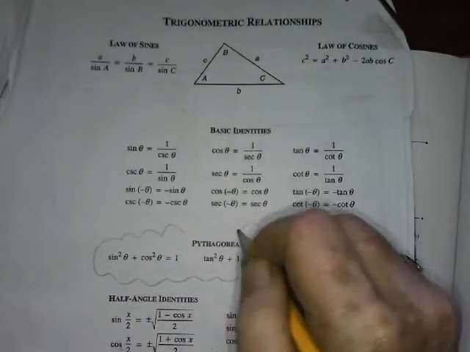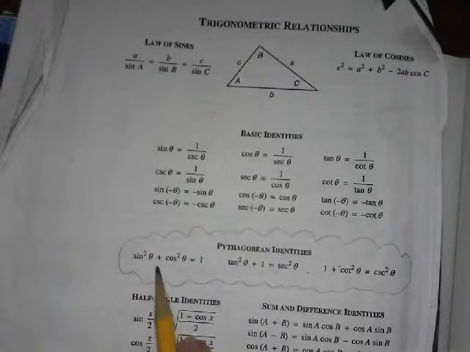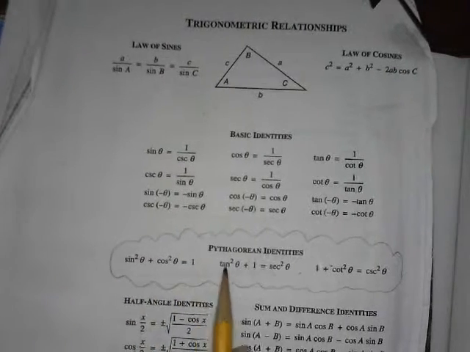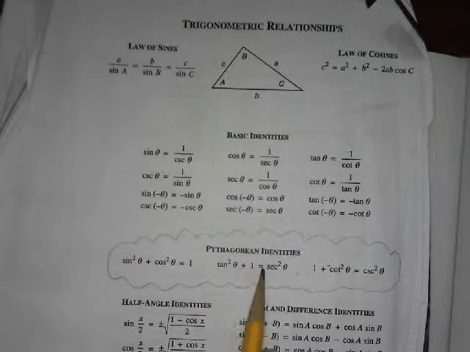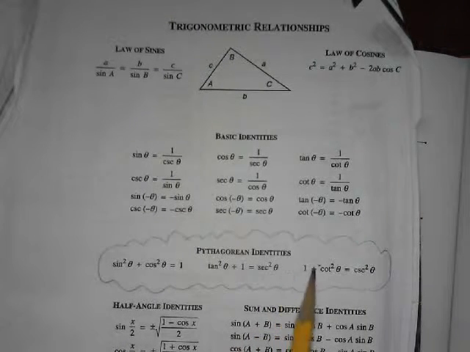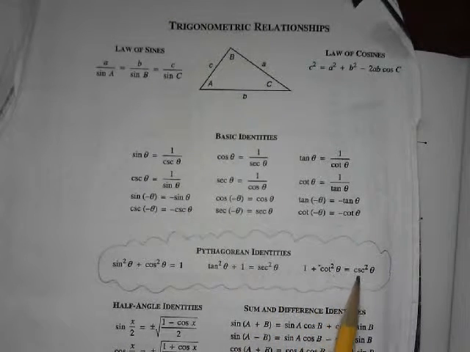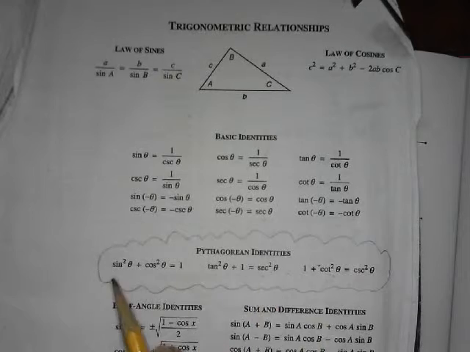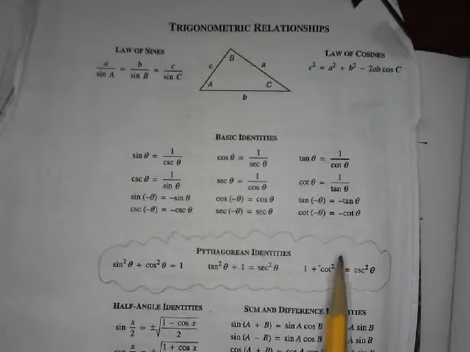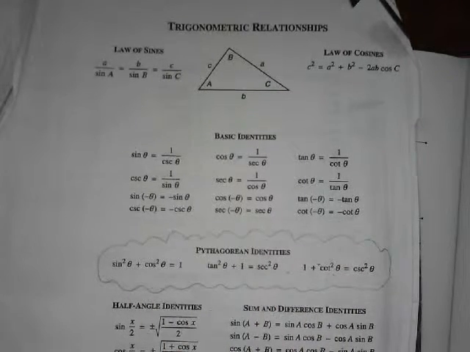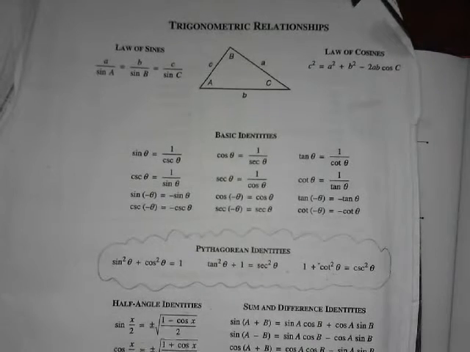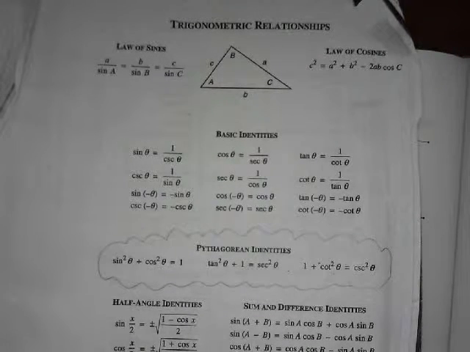They're the Pythagorean identities. So sine squared theta plus cosine squared theta equals 1, tangent squared theta plus 1 equals secant squared theta, and 1 plus cotangent squared theta equals cosecant squared theta. You're going to learn some trigonometry between now and the time you go to calculus.